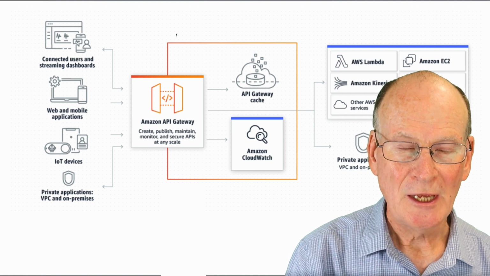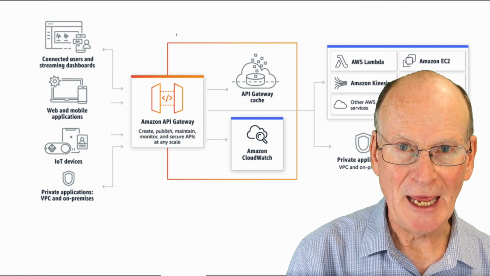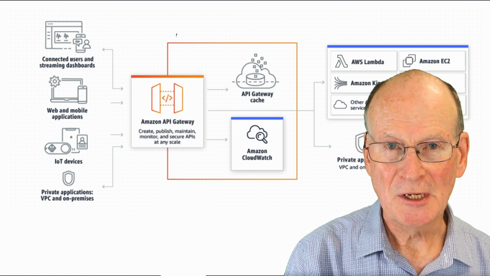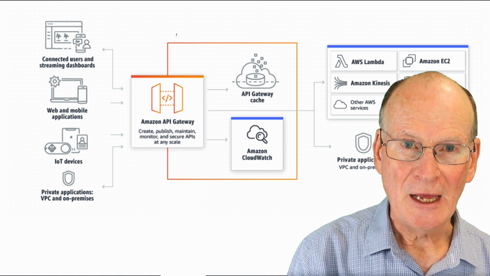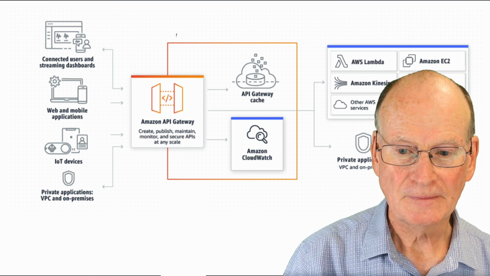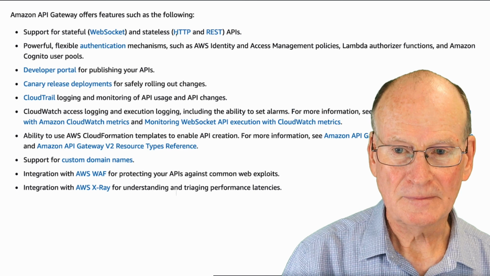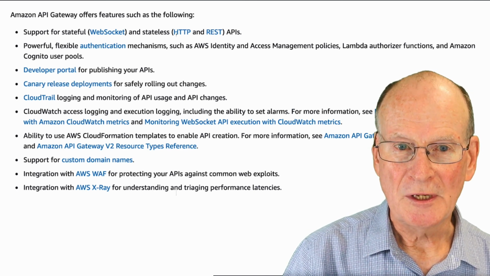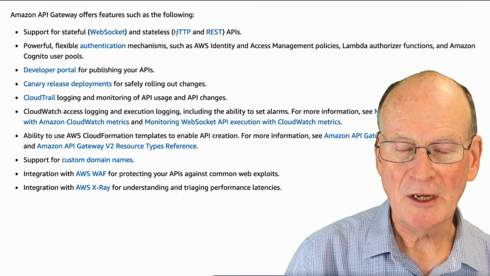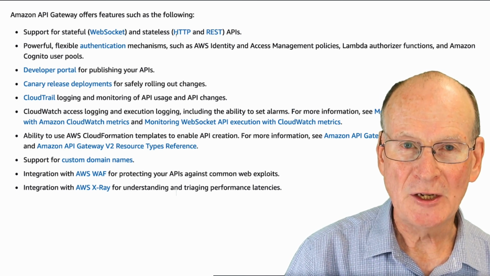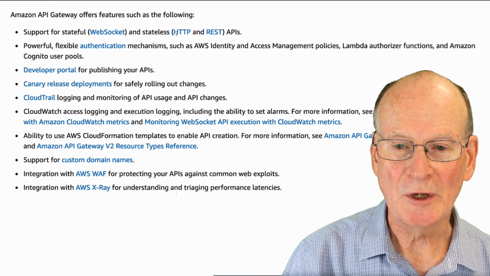For example, Amazon provides a thing called the Lambda Cloud Function Service that lets you run functions in various languages and access them using an API gateway. Here's a list of all the fancy services that the API gateway provides, all aimed at helping you manage and scale and so on your web service.